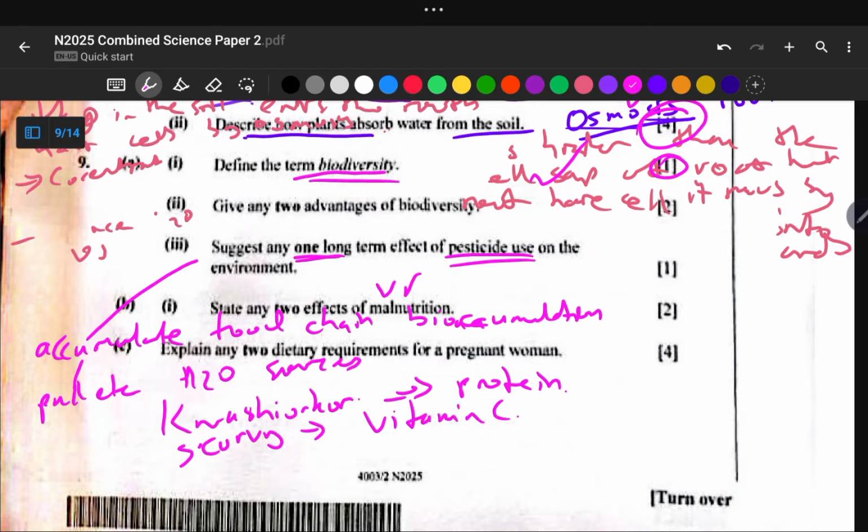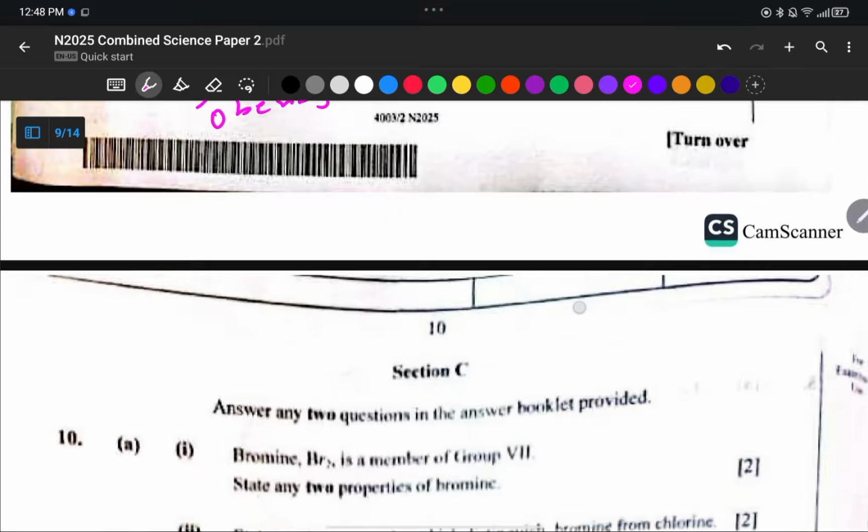We can also have obesity. Malnutrition can be either an excess amount or a reduced amount, so the amount of nutrients is not proportional to the requirements of the body, right? Obesity is caused by an excess intake of energy-rich foods, leading to increased risk of heart diseases and diabetes, right? And then we go on to the next question.